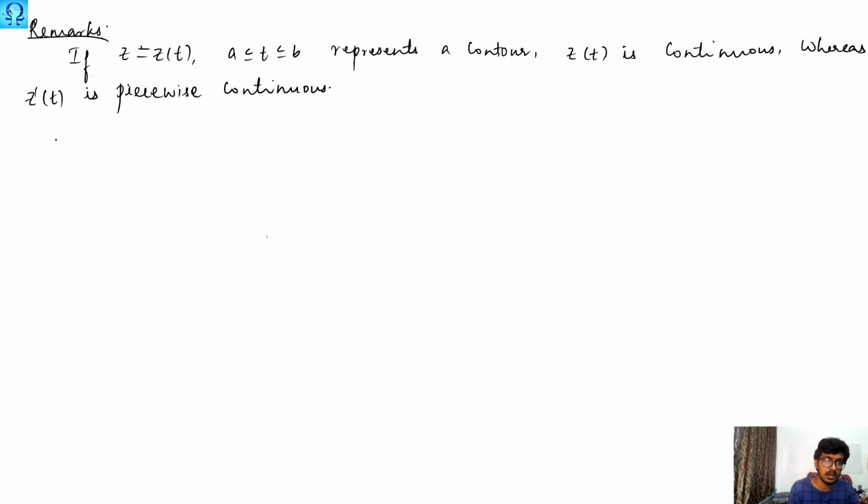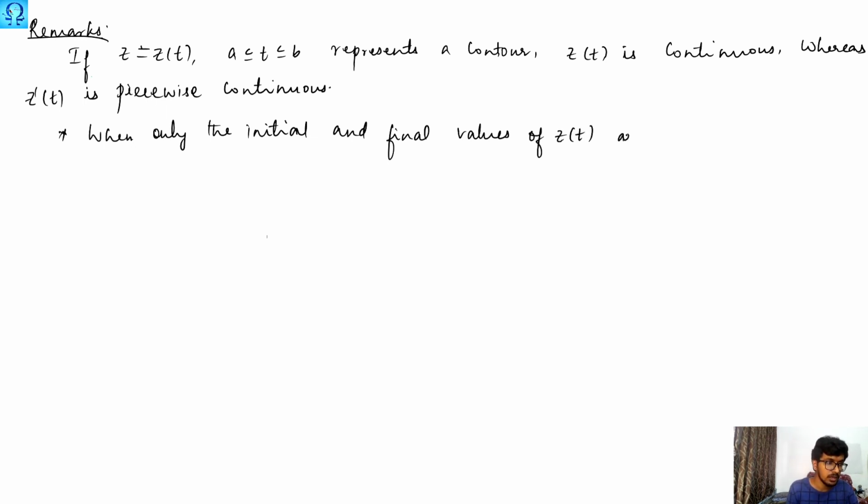Next is when only the initial and final values of z of t are the same, a contour C is called a simple closed contour.